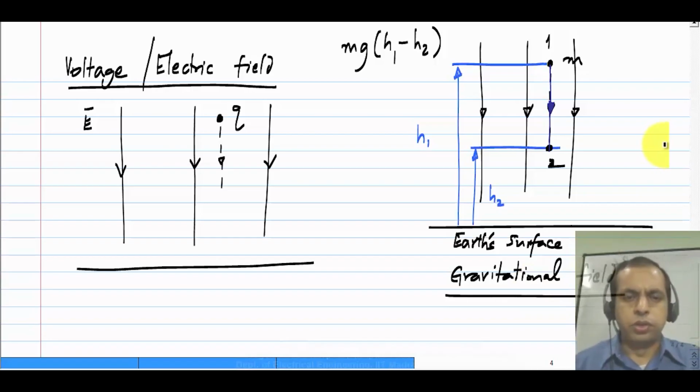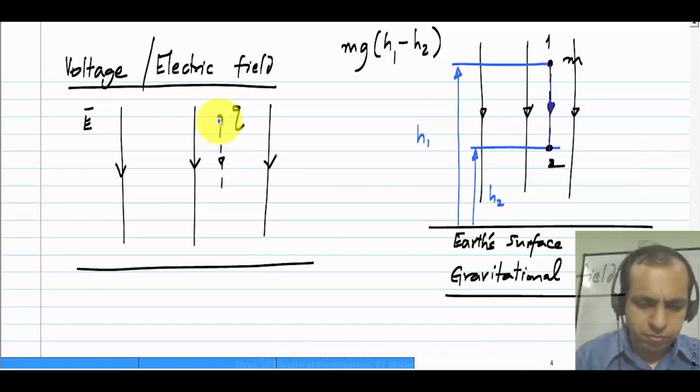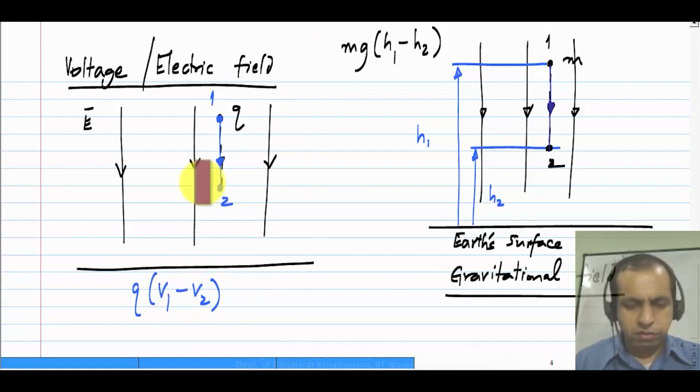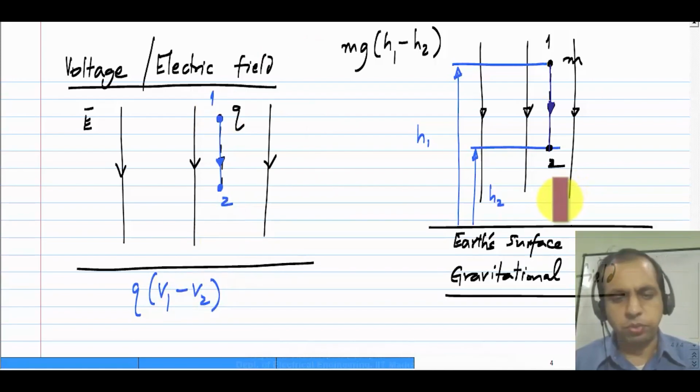Then we also know that the voltage is related to the integral of the electric field. Okay. Such that when the charge moves from point 1 to point 2, okay, it gains an energy which is equal to q times (V1 - V2), where V1 is the potential at point 1 and V2 is the potential at point 2.